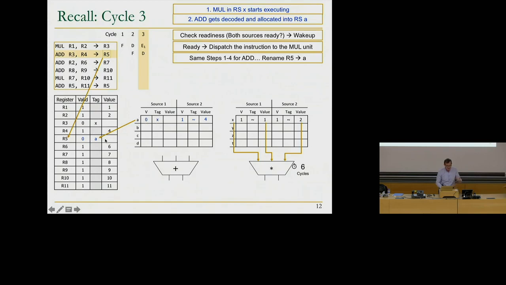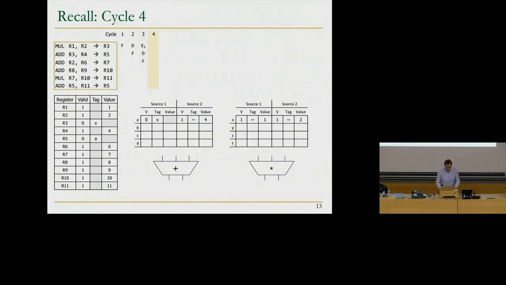When it reads its sources, R3 and R4, it realizes that it's going to wait for tag X to be broadcast. Tag X will be broadcast when this instruction finishes execution. Then it will broadcast tag X, and this instruction will capture that tag X and capture the value that's also broadcast. So that's how you link instructions. It's very simple conceptually, actually. The implementation is actually horrible, as we will talk about.